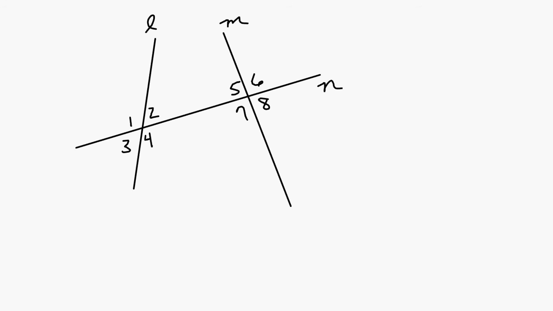Same side interior: 2 and 5 and 4 and 7. What corresponds to angle 8? Very good, angle 4. And what corresponds to angle 3? 7. All right, well done. Any questions?